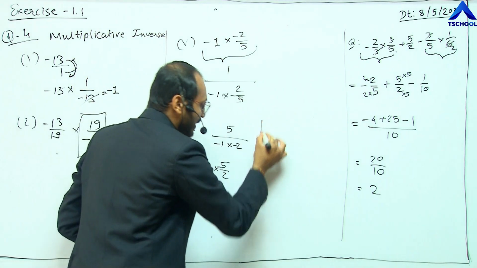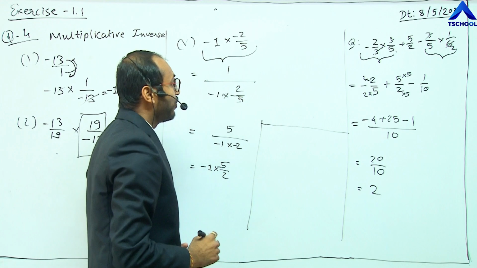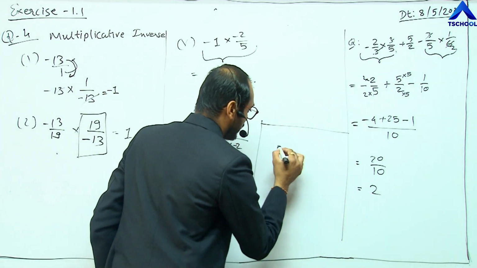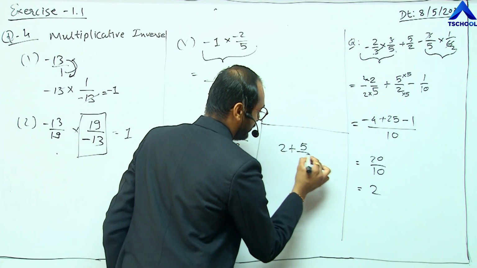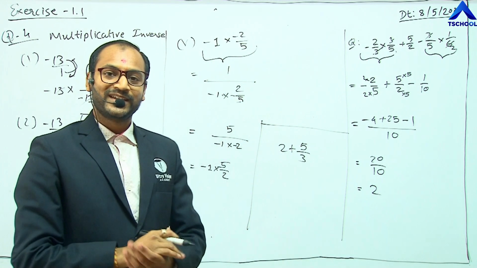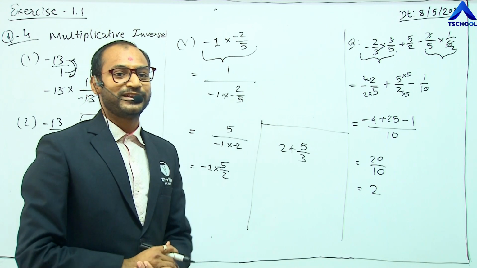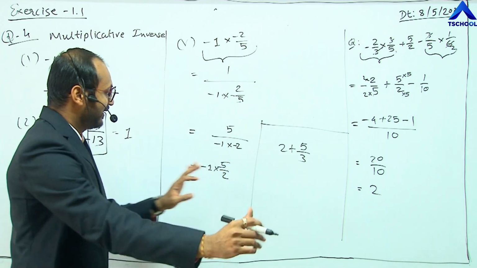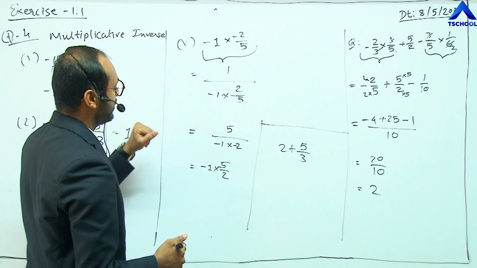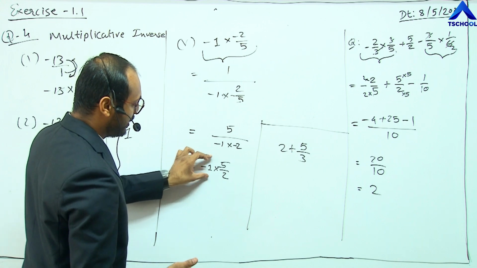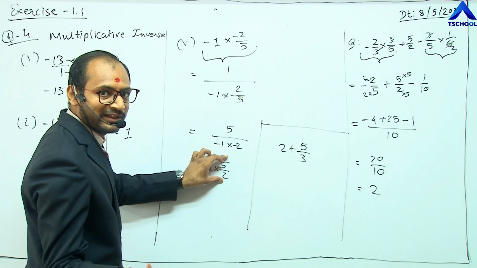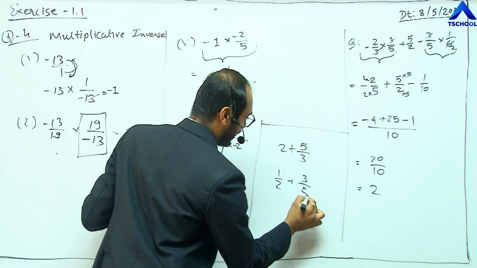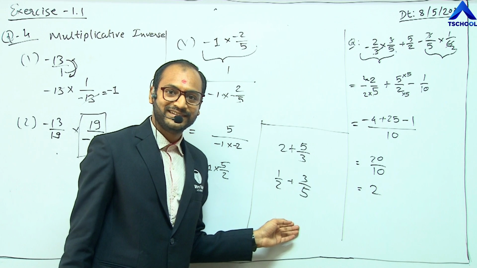Now give the answer: what is the multiplicative inverse of 2 plus 5 by 3? What is the multiplicative inverse of this number? Someone says the inversion of this number is the inversion of the first one and the inversion of the second one. So here the inversion is 1 by 2 plus 3 by 5. Is it correct?